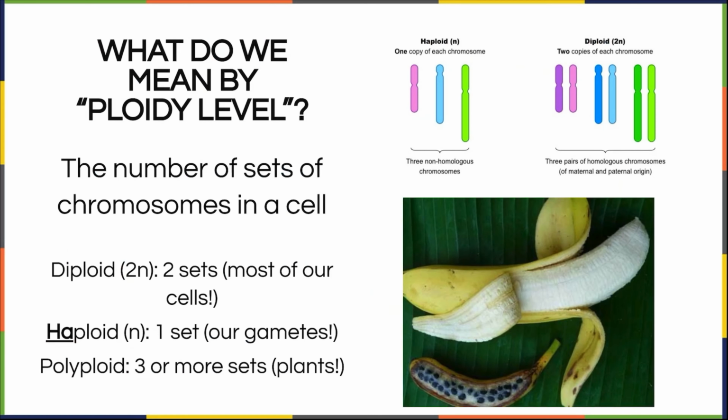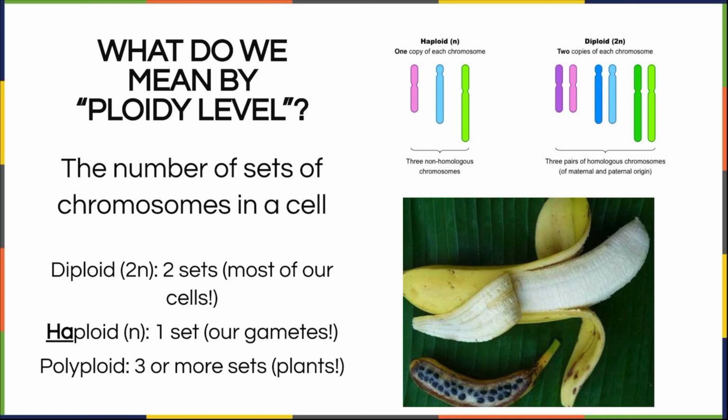We call the number of sets of chromosomes in a cell the ploidy level. When we create gametes like sperm and egg, and remember that these are cells that have reduced the number of chromosomes so that when they combine, they can make a normal amount, those cells are haploid. They have one copy of each chromosome.